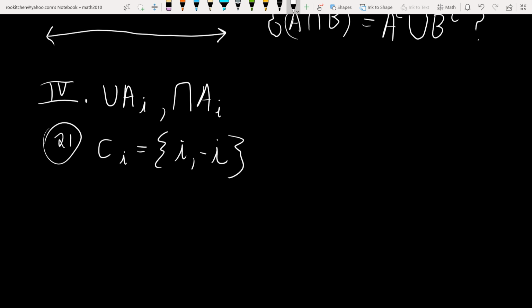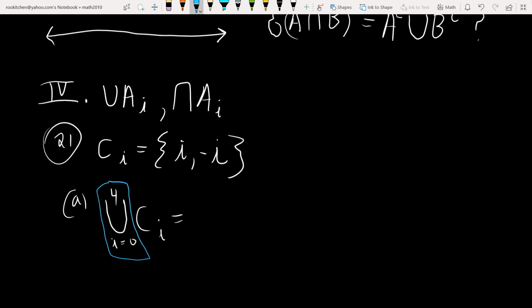So for example, number 21, we have these sets C sub I, and in part A, we want to know the union of these sets from I equals 0 to 4, the C sub I. You can literally write out what these things are. This notation, the big U, is kind of like the summation notation or the product notation. It just means build a sequence of sets joined by unions going from 0 to 4, where I'm plugging 0 to 4 in for I.